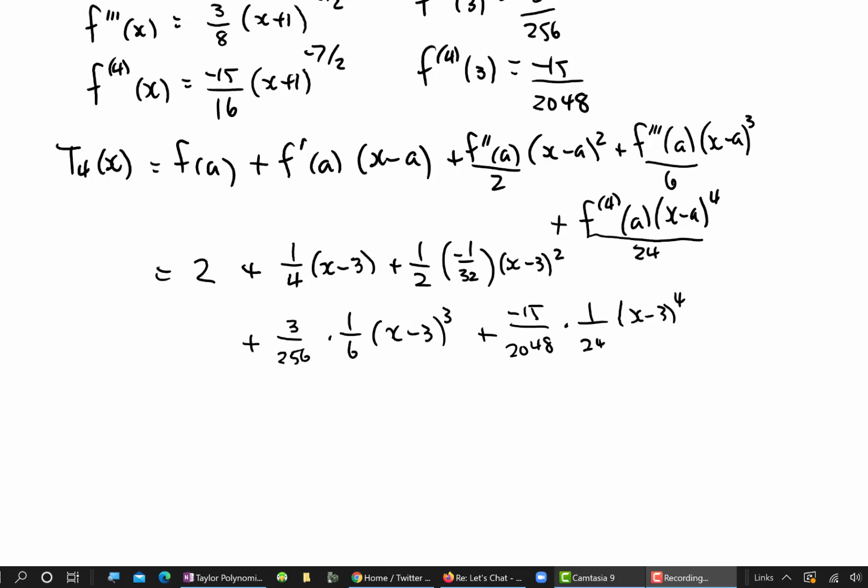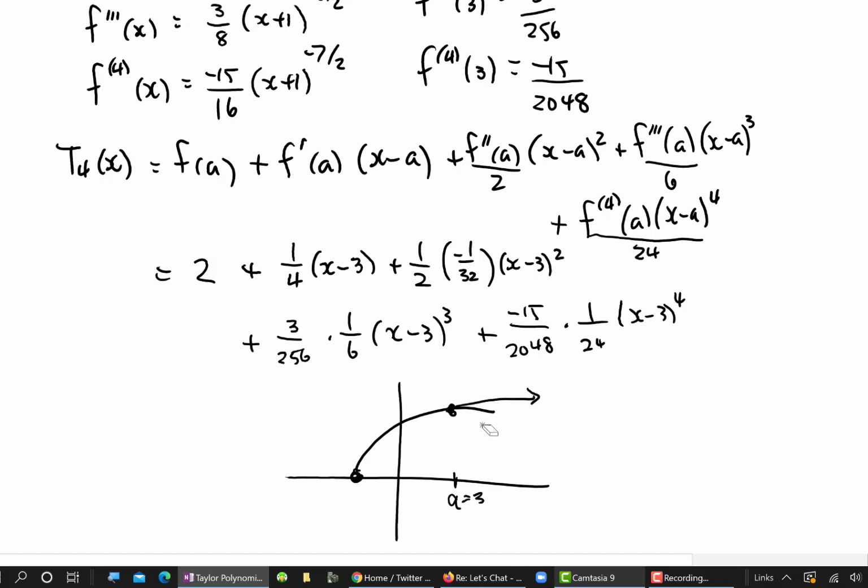What this looks like visually is I have a square root function that is moved 1 to the left as my original function. I'm looking at this a value of 3, and I'm saying, can I design a polynomial function that mimics this near this point really well? And it turns out that there's a degree 4 equation that mimics this extremely well near that point.